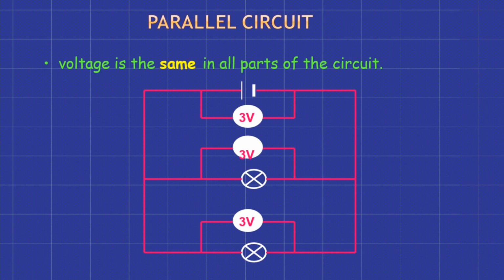While voltage is the same in all parts of the circuit, and this is a parallel circuit. You can see that there are 2 routes, and in each route and each component the 3 volts are the same. So voltage will be the same in the parallel circuit across the individual components.